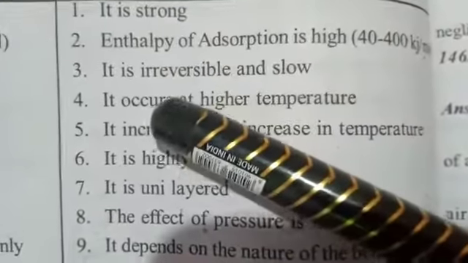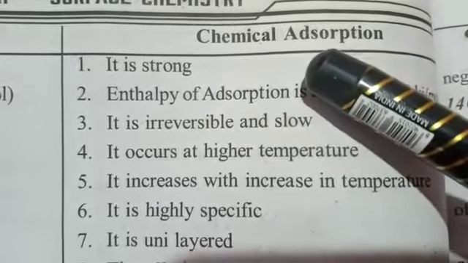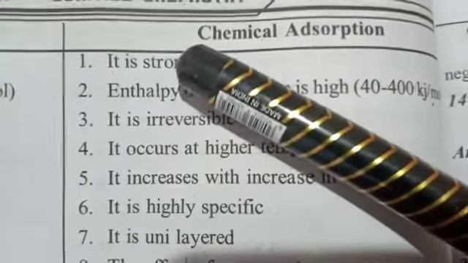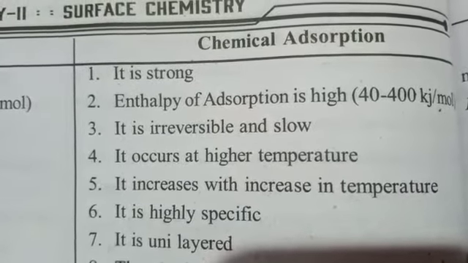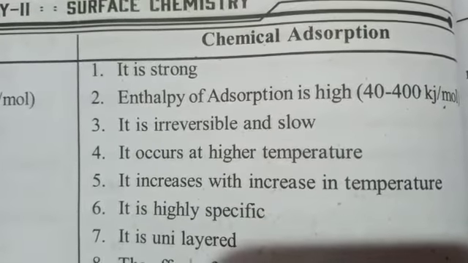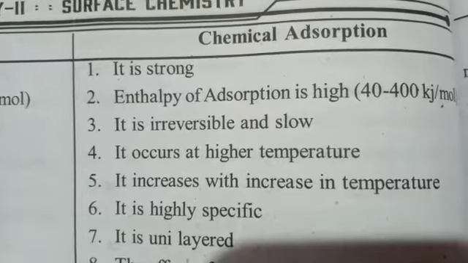Next, let's move to the next points here, that is regarding chemical adsorption. As you've understood the physical adsorption, it will be somewhat easy for us to explain the chemical adsorption. Done. So chemical adsorption is a strong process. Why is it a strong process here?